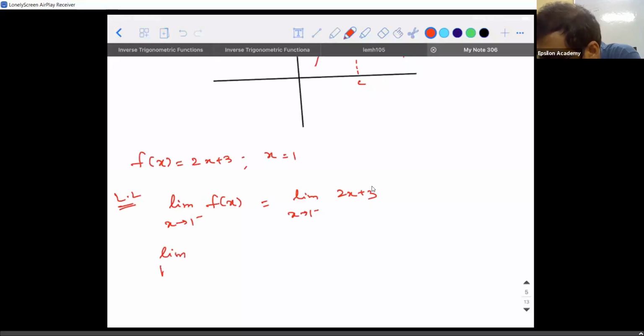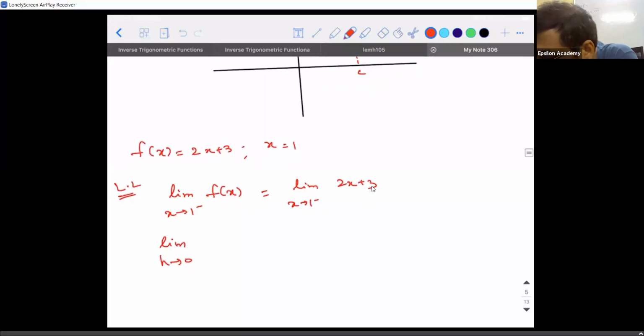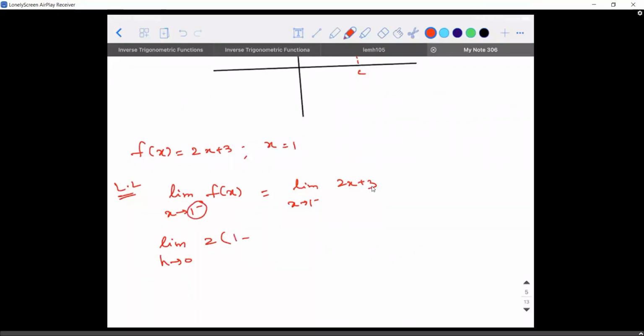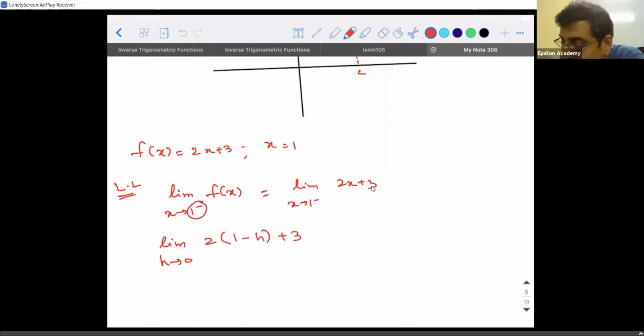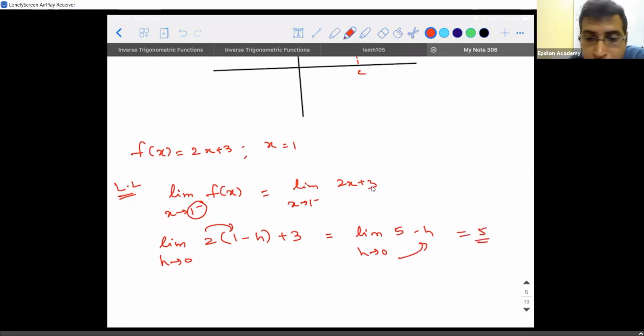Next step, limit h tends to 0, 2 into, in the place of x, what should I replace with? 1 minus h. Very good. 1 minus h plus 3. Now simplify this. Limit h tends to 0, 2 into 1, 2 plus 3 is 5, 5 minus h. Now you can substitute it. H tends to 0, 5.